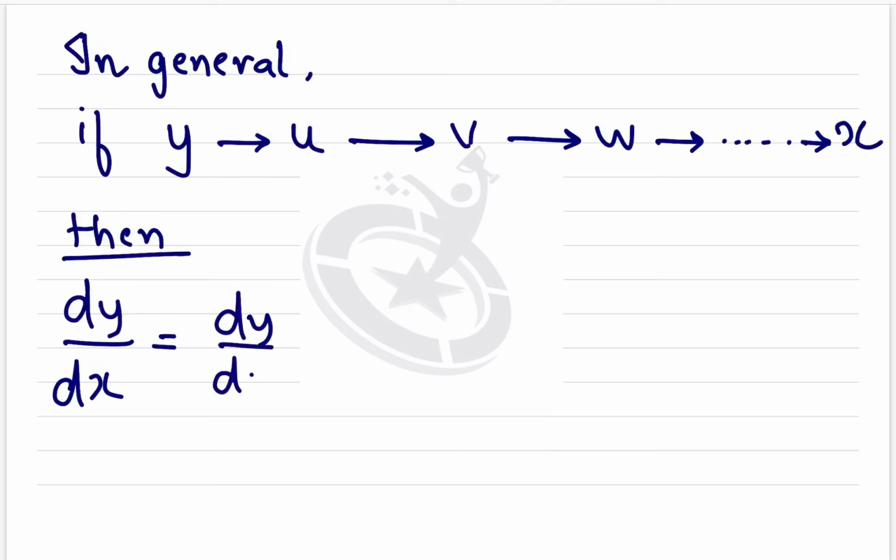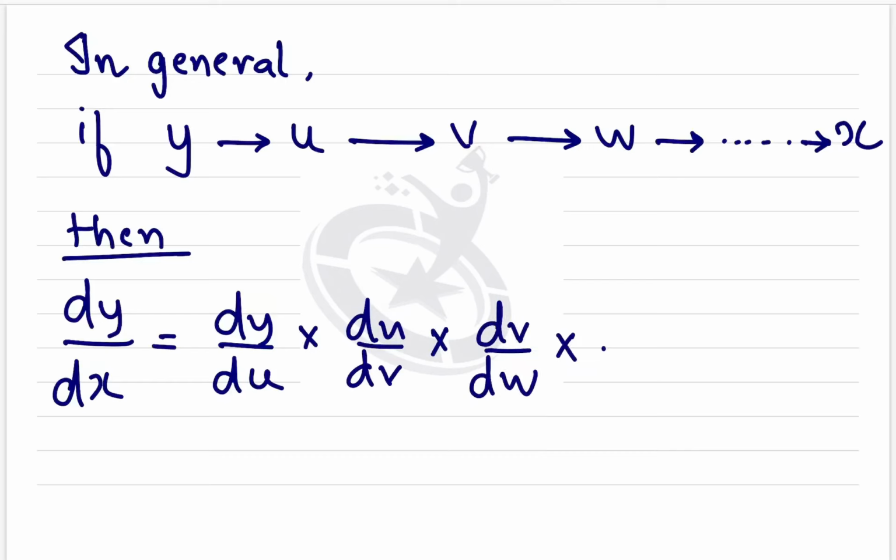That's going to be dy by du into du by dv into dv by dw into derivative of next variable, and so on up to you get the derivative with respect to x.